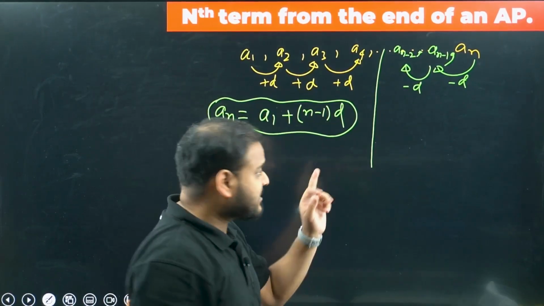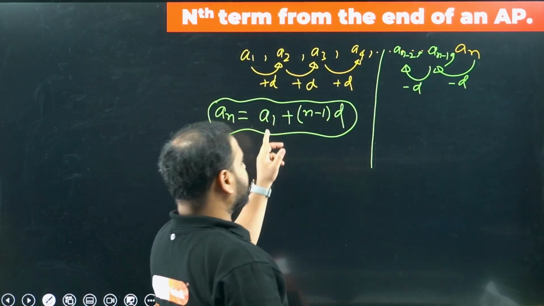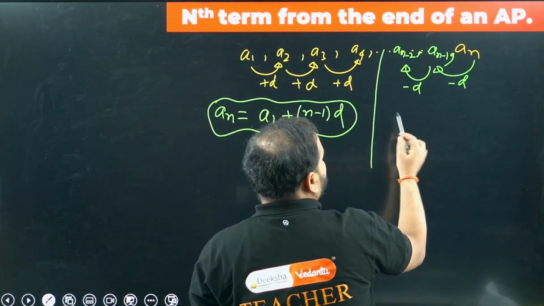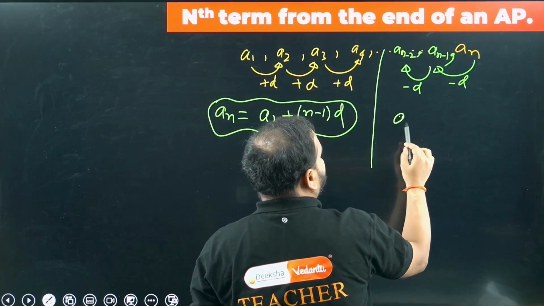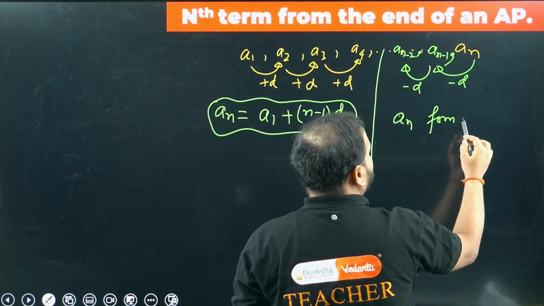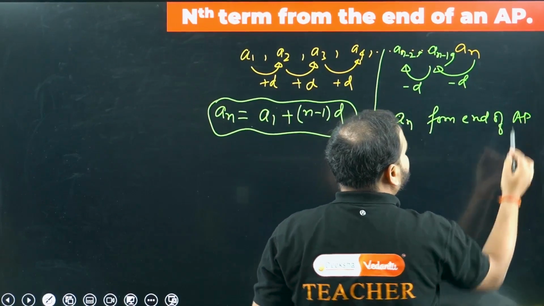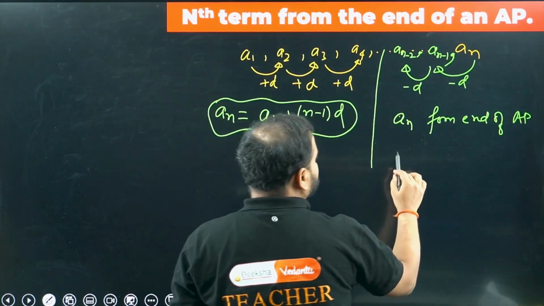Great. Same way, if I'm doing it in this case, what will happen? Things will remain the same. Instead of having this A1, let's say I'm talking about the nth term from the end of the AP. Then we'll write this AN as what?